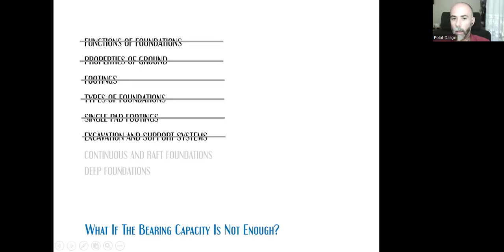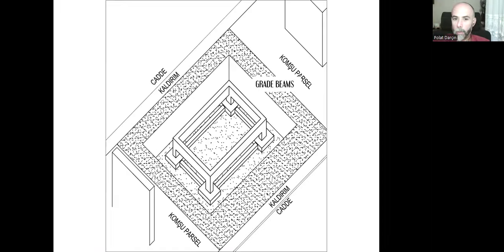What if the bearing capacity is not enough? When we do a single pad footing, as you can see here, all the loads of this column will end in this footing.